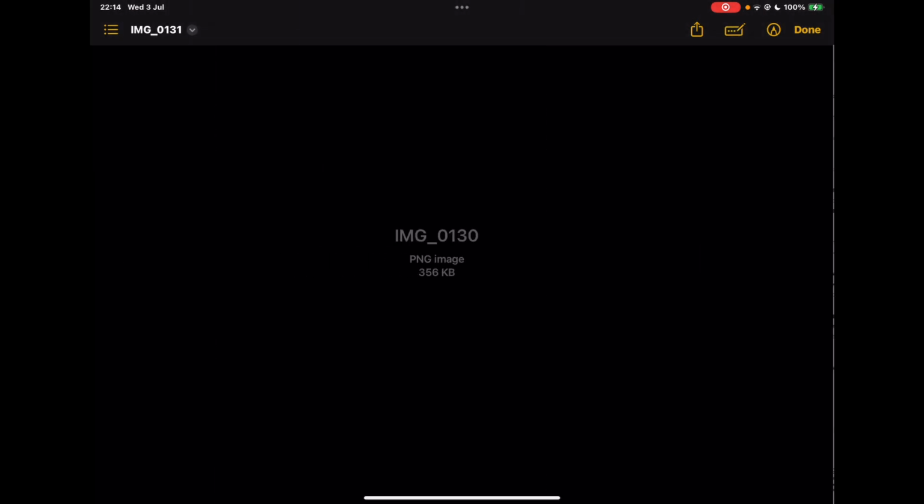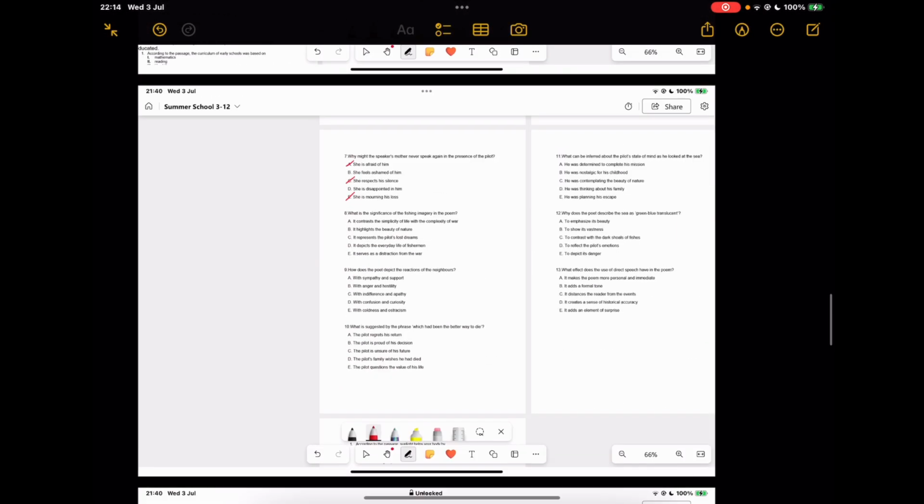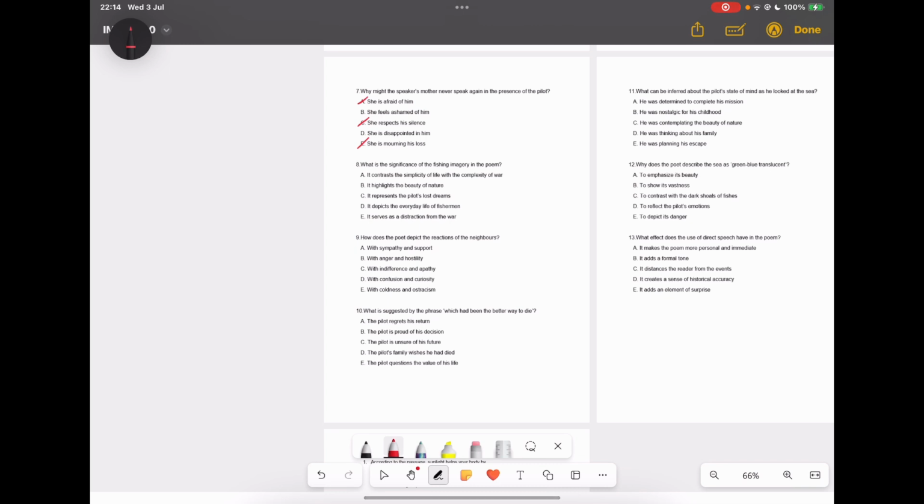So with question 7, it will be either ashamed or disappointed. But it's more that she feels ashamed of him because she doesn't feel very proud. She's not just disappointed. She also no longer feels proud of him, so she doesn't talk to him. So 7 is B.